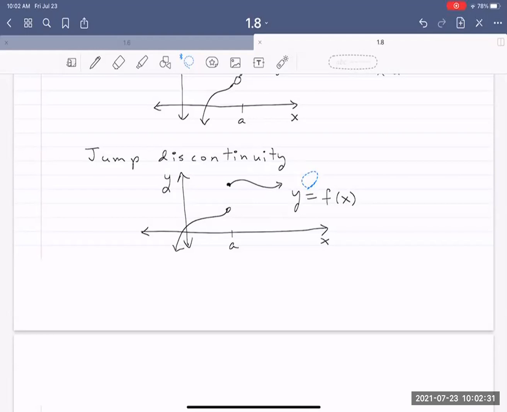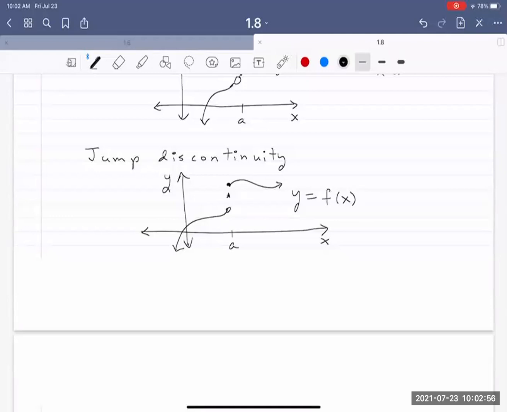So notice that in this case, there's no way to define the function at one particular point to make it continuous. If you fill in, let's say, this point here, you can't all of a sudden draw this in one stroke because there's a whole bunch of things in the middle that are missing.